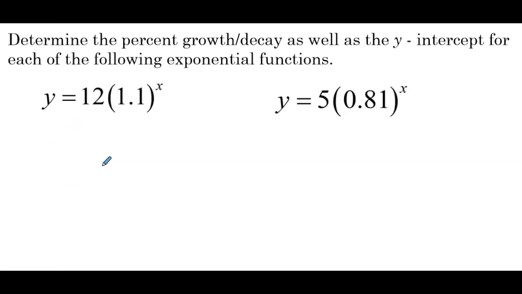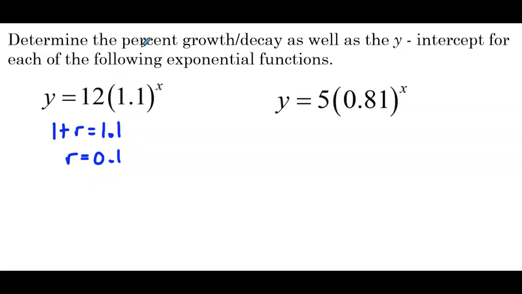Determine the percent growth or decay as well as the y-intercept for each of the following exponential functions. Our first function is y equals 12 times 1.1 to the x. So the base of the exponential function is defined as 1 plus r. So we have 1 plus r equals 1.1. If we solve for r, we subtract 1 from both sides, so r equals 0.1.